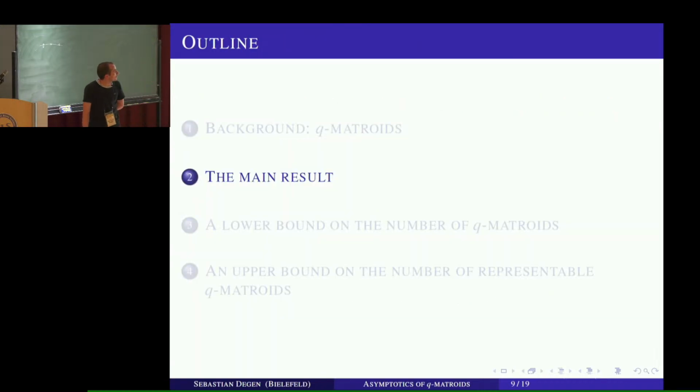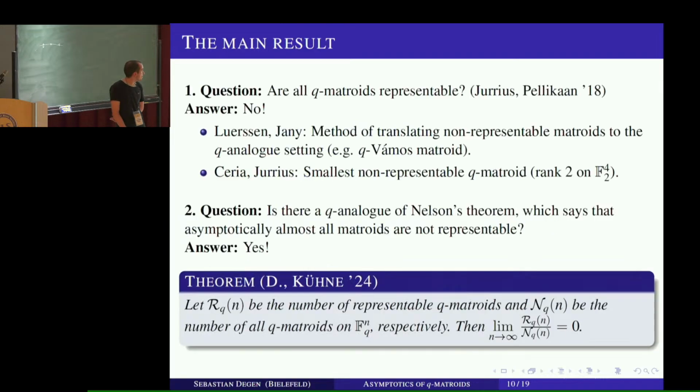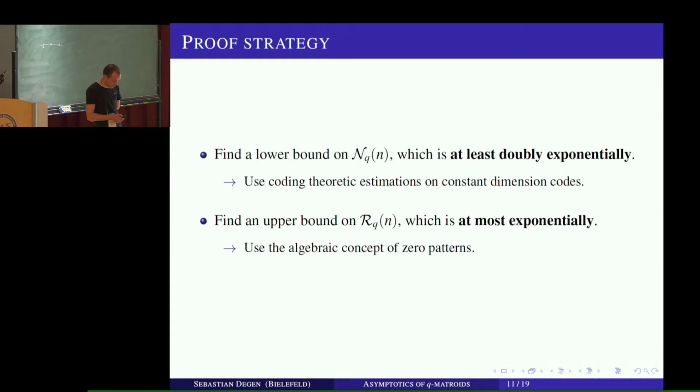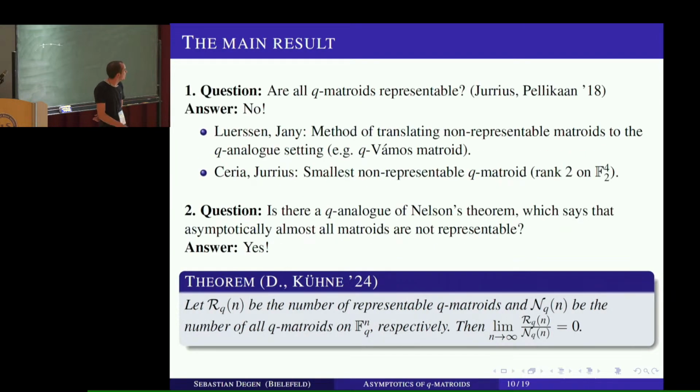And I actually want to talk about the two questions which motivated our studies. The first one is from 2018, due to Larsen and Pelikan, asking whether potentially all q-matroids are representable. But this turns out to be too optimistic, and the answer is no. For example, Larsen and Jani soon after introduced the method of translating the non-representability of a matroid to a q-analog setting.